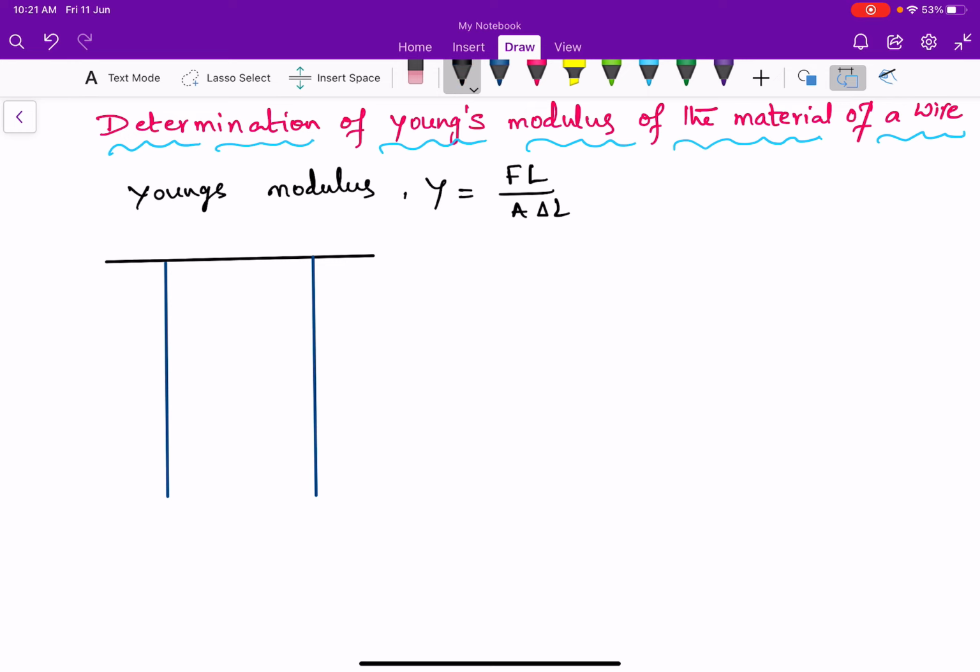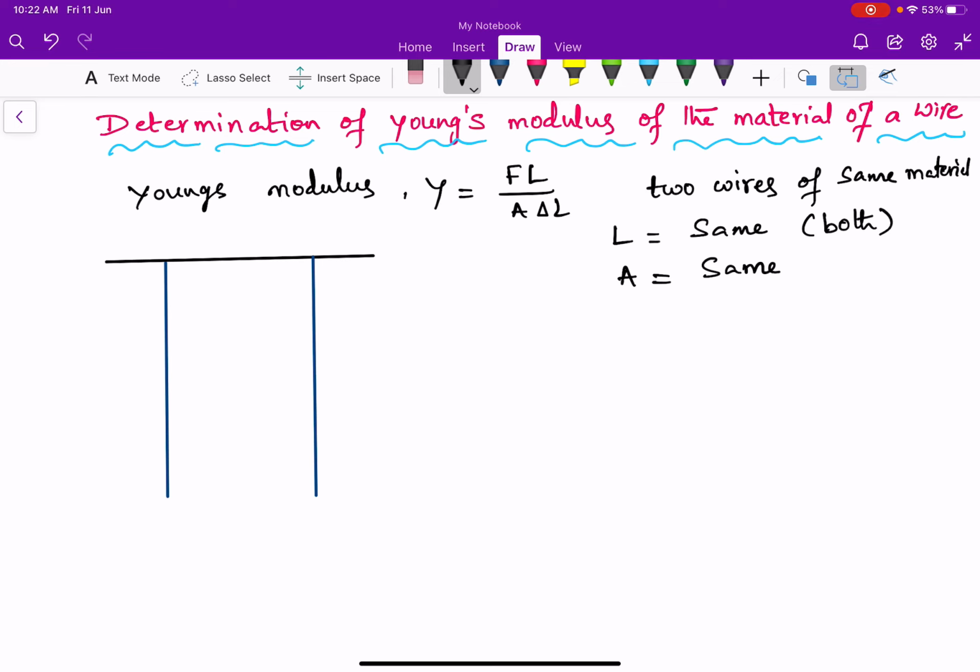These two wires are made up of the same material, and the length of both wires is also the same. The cross-sectional area is also the same for both wires.